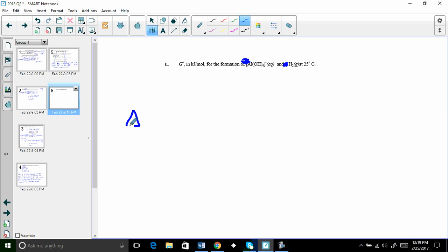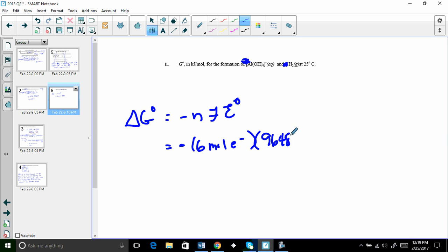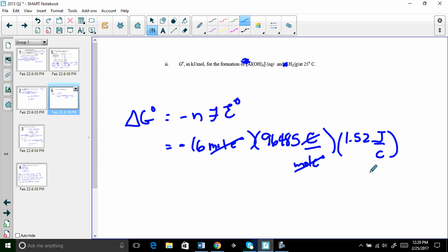And so delta G naught is equal to negative n F E naught. And so we have negative 6 moles of electrons times 96,485 coulombs per mole of electrons times 1.52 volts, which is joules per coulomb. So this cancels this, and this cancels this.